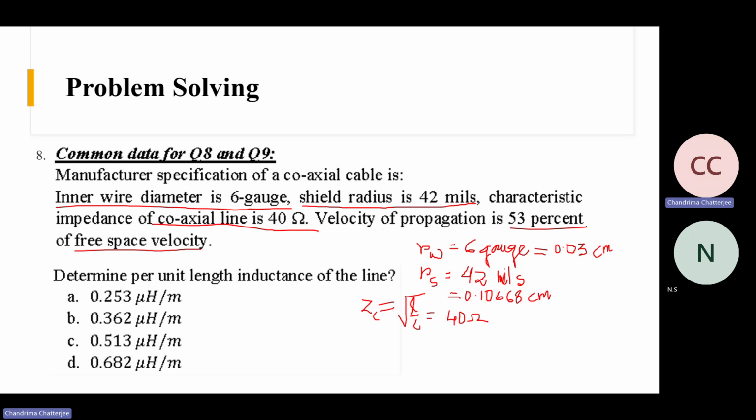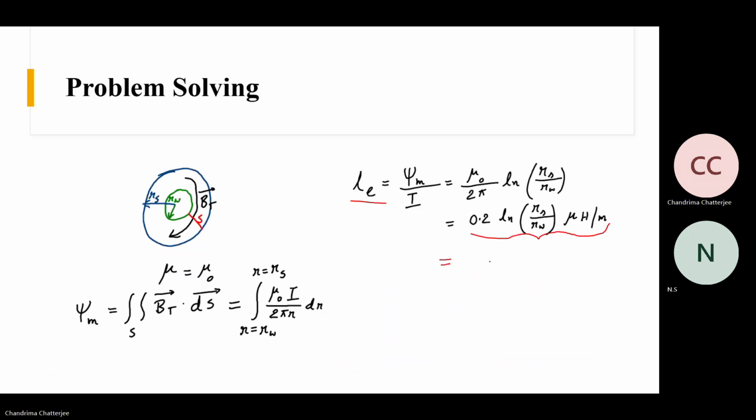So then this is 1.268 multiplied by 0.2. So this is coming out 0.253 microhenry per meter.